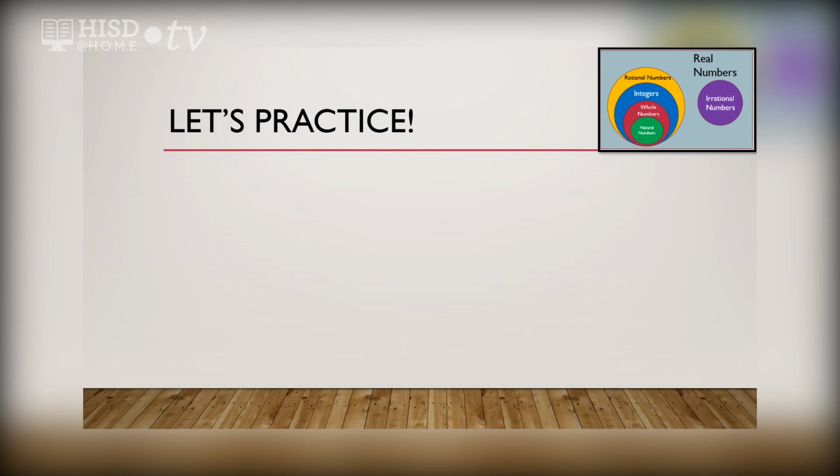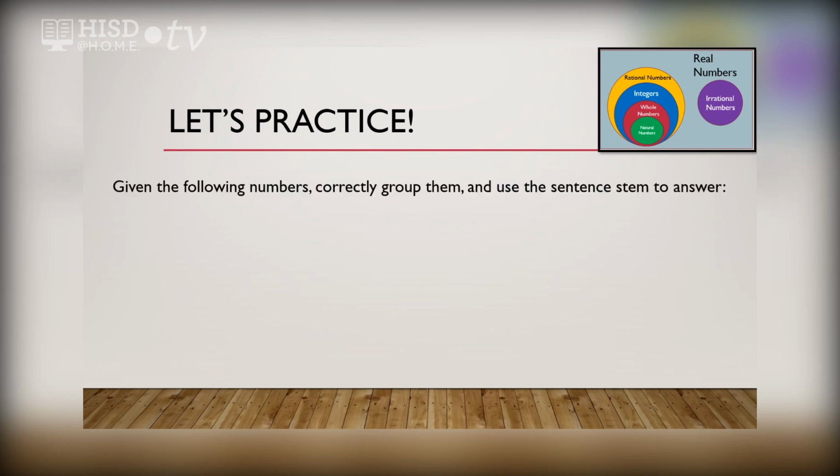Now it's going to be our turn to use that knowledge in order to classify real numbers. The question is, given the following numbers, correctly group them and use the sentence stem to answer. The numbers that you have to classify are the following. And you can take a picture, so if you don't have time during this lesson, you can do it by yourself.